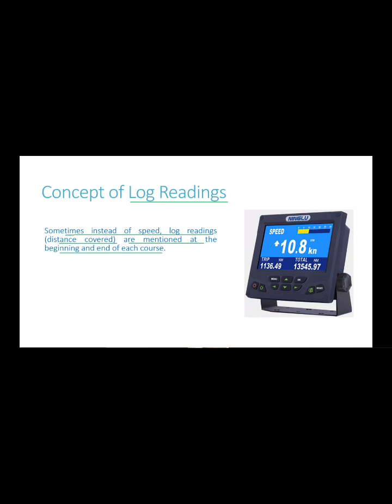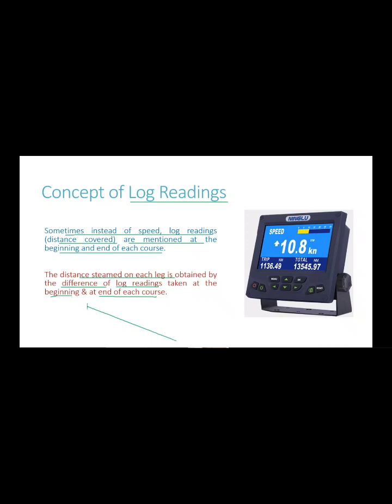Now the distance steamed on each leg is obtained by finding the difference of log readings taken at the beginning and at the end of each course. Let us say you were moving on a particular course.